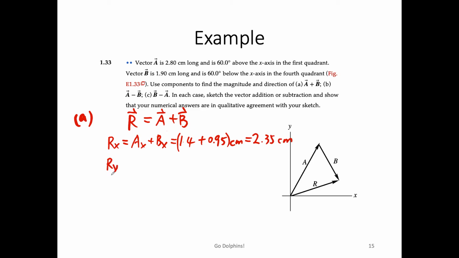Do the same for Ry, which is AY plus BY. Go back to the previous slides and find out what is AY and what is BY. Now this time BY is negative.